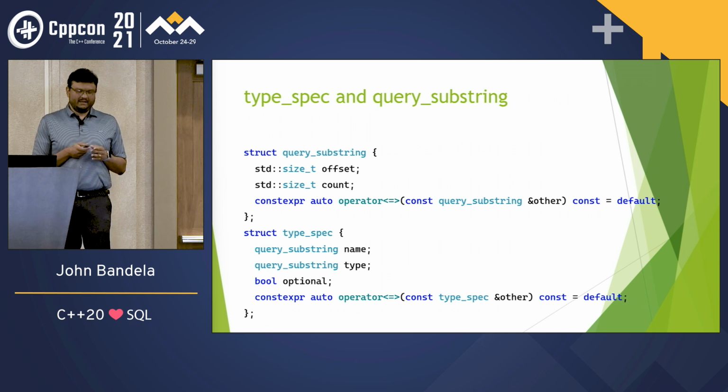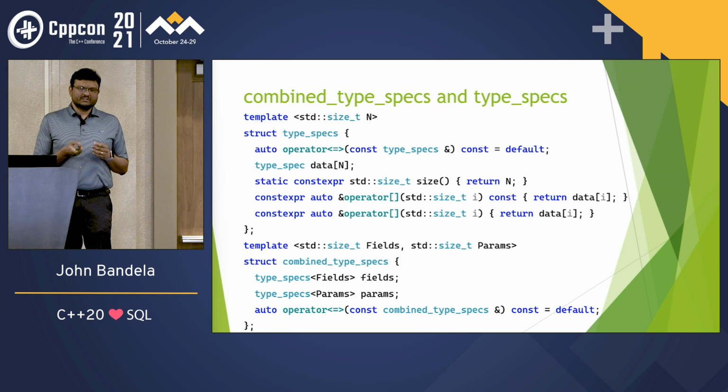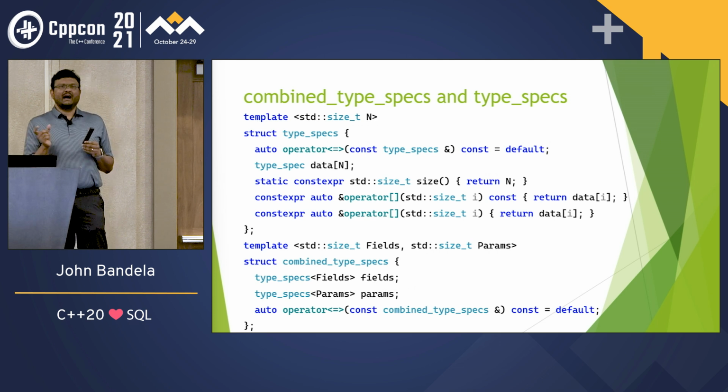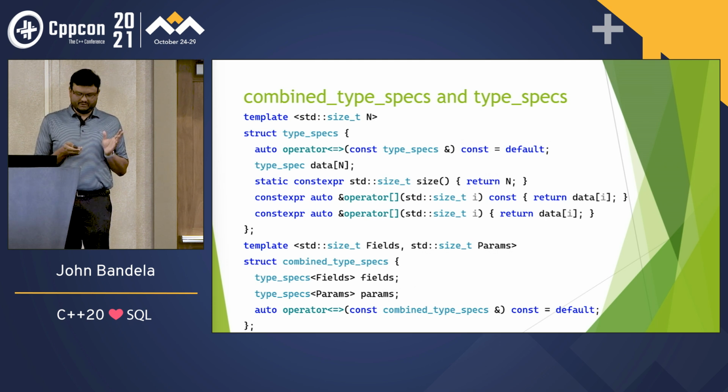Going back, these type specs are just storing offsets and counts of the name and the types, along with whether they're optional or not.